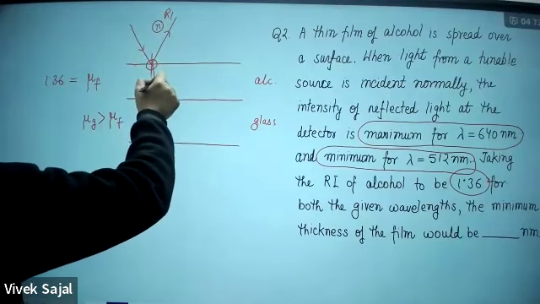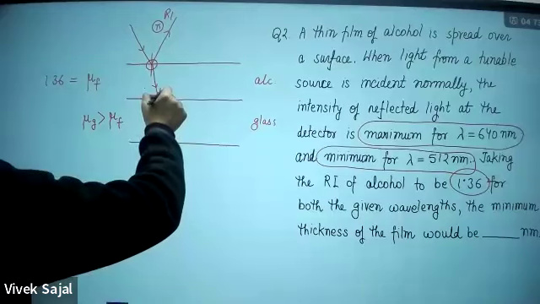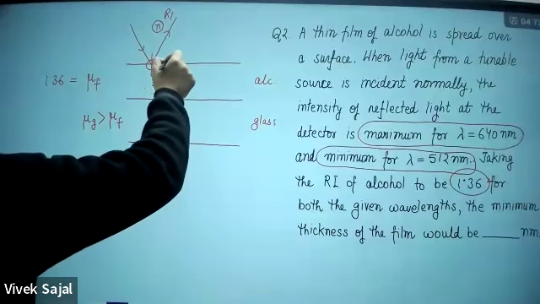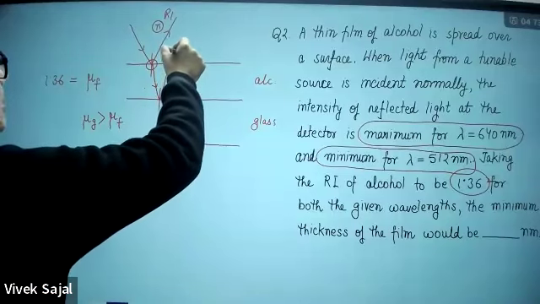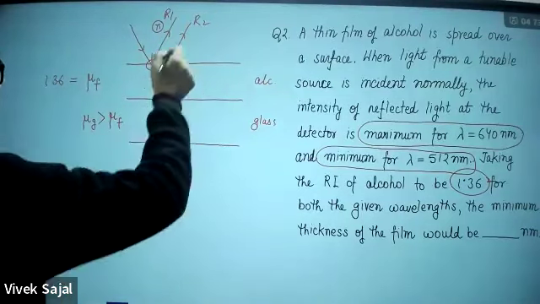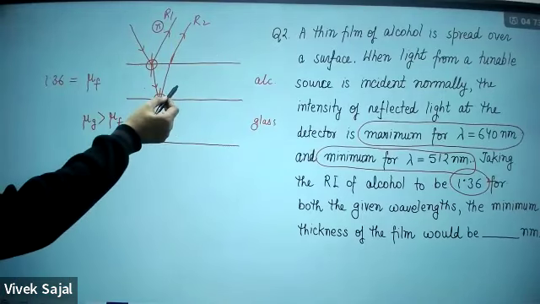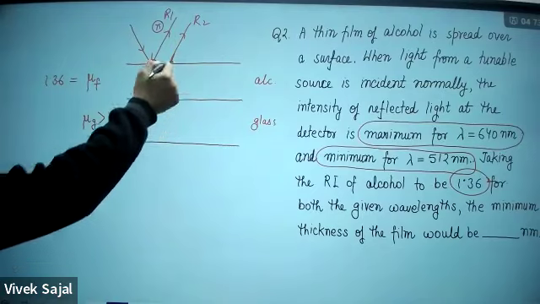A part of it will transmit into the film, and again a reflection will take place from here, and then it will come out like this. R2. Here the second reflection is taking place. Here mu g is greater than mu al, so this is also at the denser.